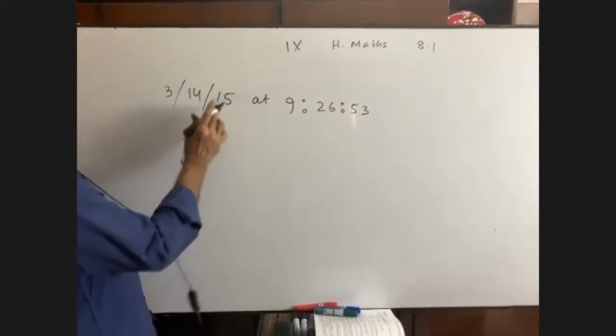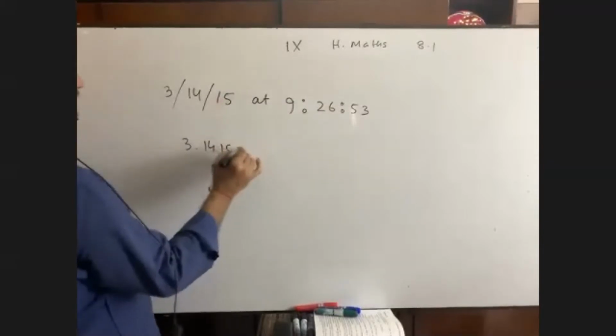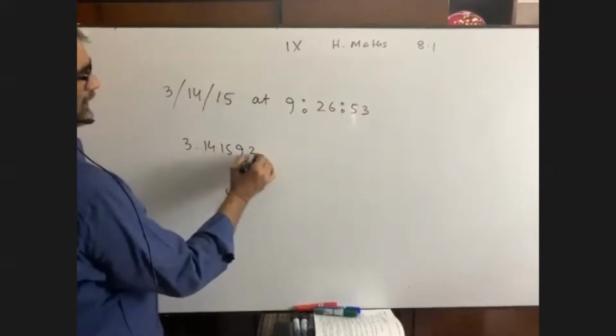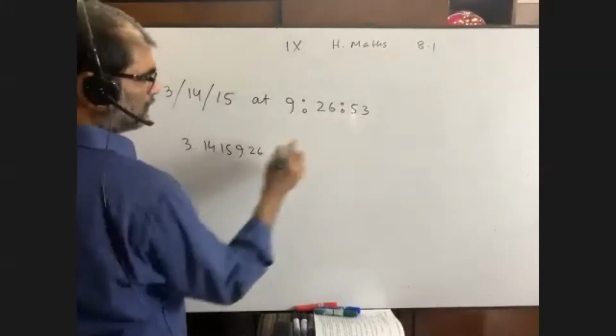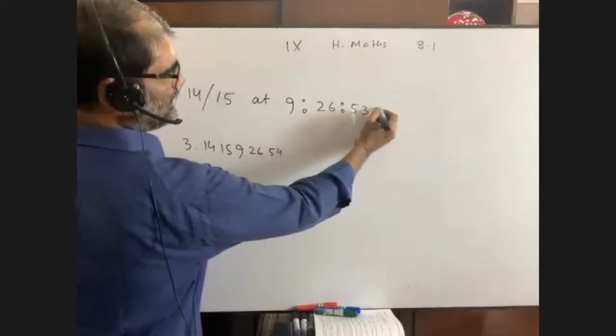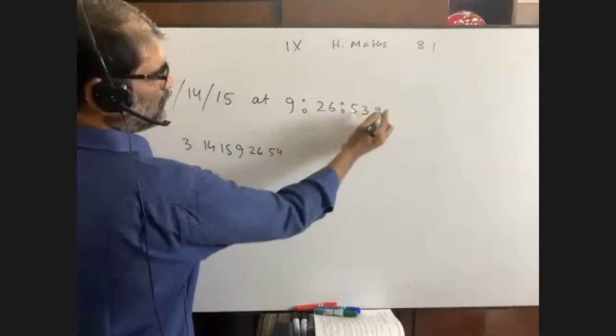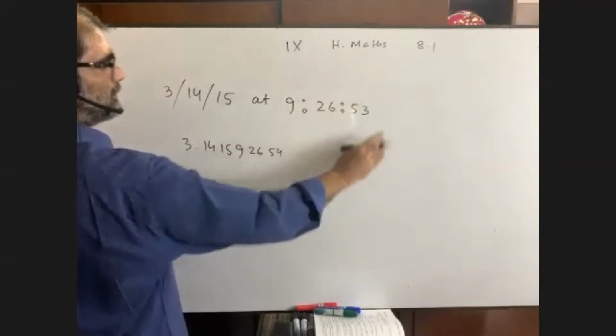3.14, 2015 year, 1415, then it is 9, then 26, then 54. You know why 54? Because suppose it is 9, for example, 1 has been added here for further numbers. Yes, sir, you're right.